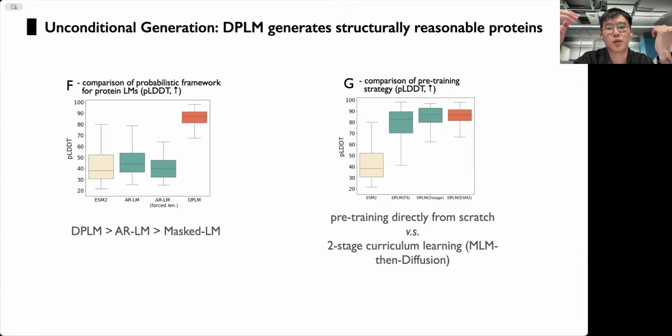We first use masked language modeling to pre-train our model, or you can use a pre-trained ESM2 to initialize our model, and then you use the diffusion objective to train the model. As we can see from the figure on the right, this two-stage strategy attains the best performance, but pre-training directly from scratch can attain comparable performance.